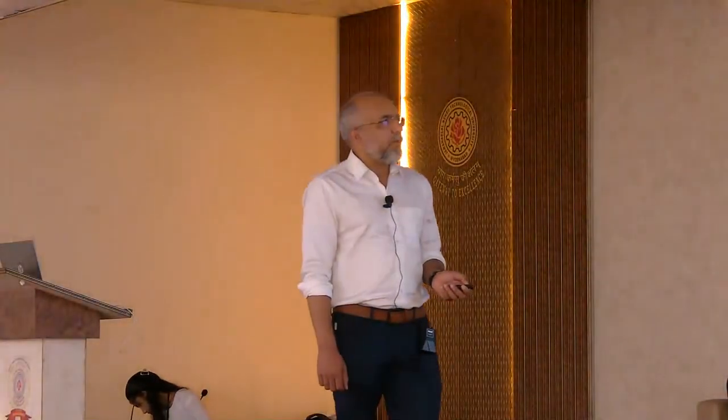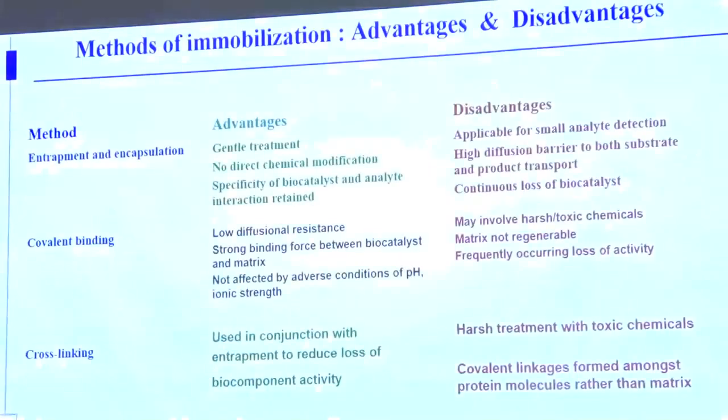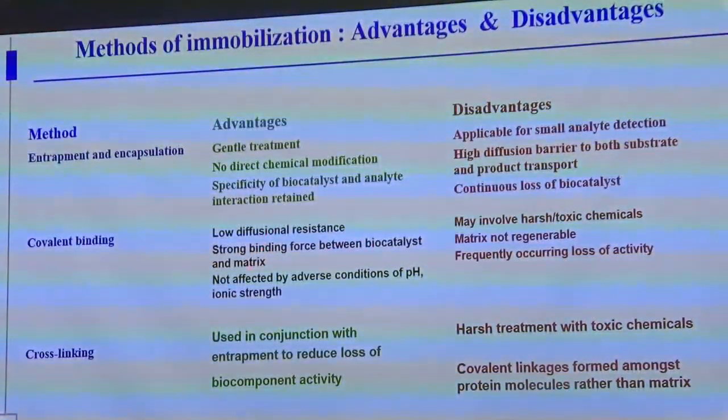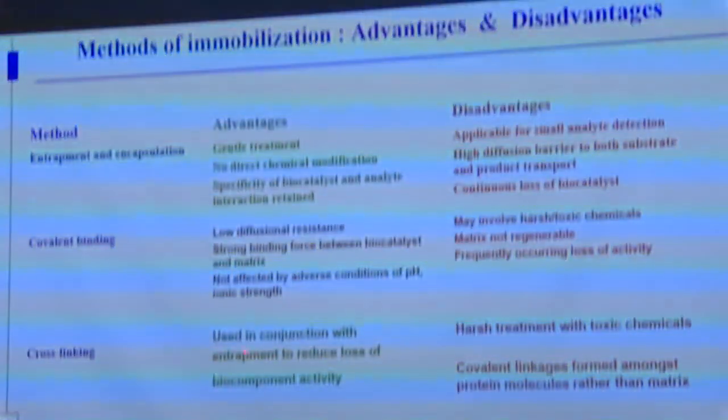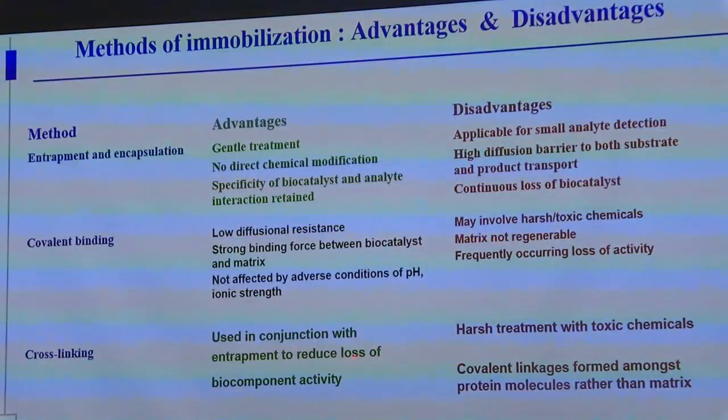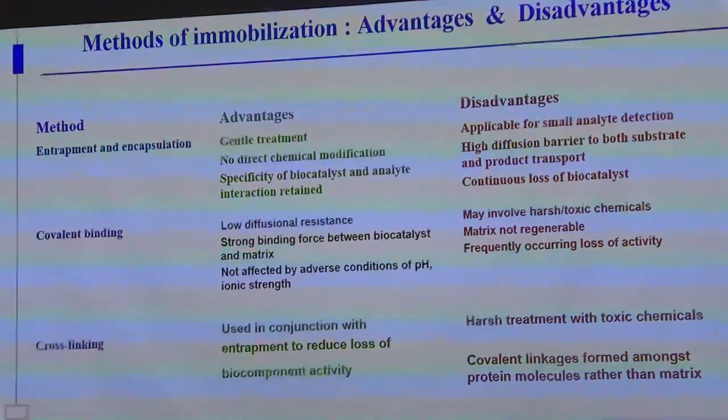When we have covalent bonding, we have a strong binding force between biocatalyst and matrix. When we have a strong force, it will not come out from the surface easily, so stability will be better. And cross-linking is used in conjunction with entrapment to reduce loss of biocomponent activity.